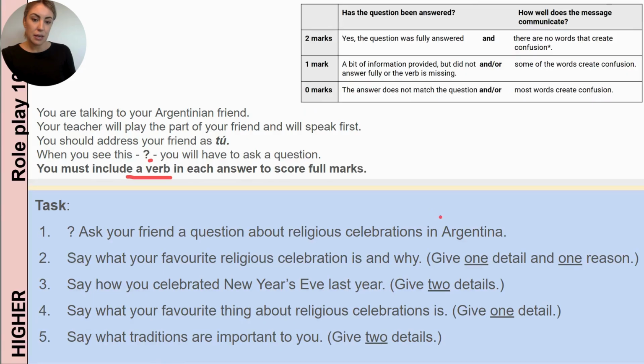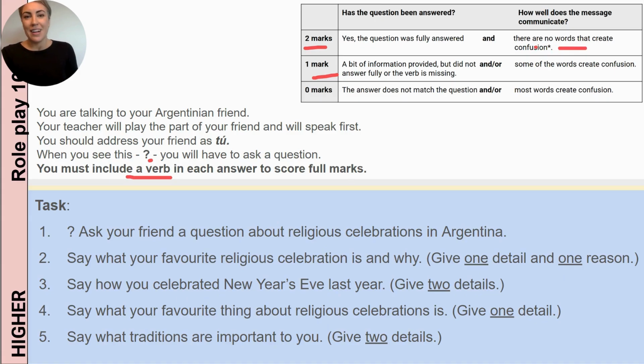And that means that if you don't follow the instructions, you are not able to access the top marks for each of them, which is 2 marks. So if you say what your favorite religious celebration is and why, you must give one detail and one reason. If you forget one reason, for example, then the question is not fully answered. So you would get 1 mark instead. Same happens if there are any words that create confusion.